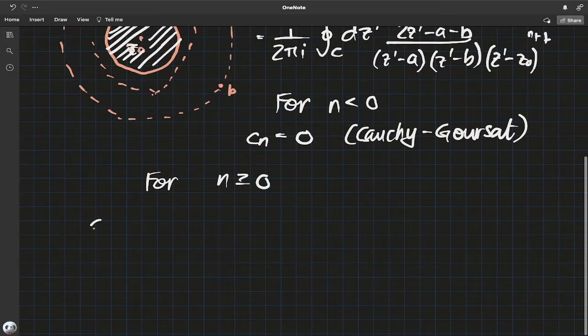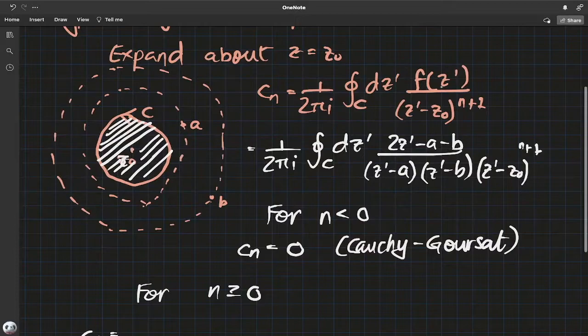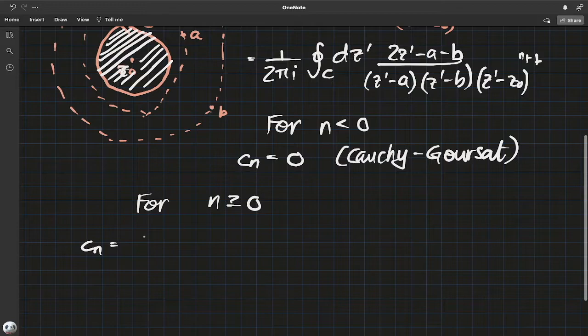If you notice the makeup of this entire thing, f of z prime over z prime minus z0 to the n plus 1, as long as z0 is inside the region, which it will be for n greater than or equal to 0, this looks like the nth derivative form of the Cauchy integral formula. Please go back to that video if you don't remember or don't believe me. Except we have to multiply by a 2 pi i.